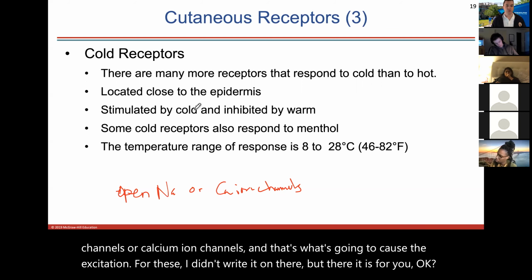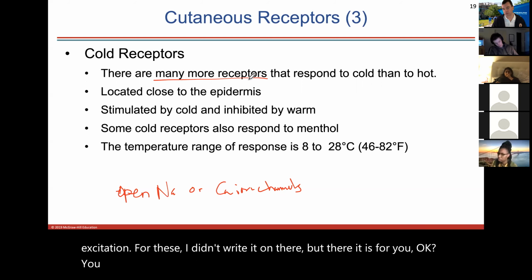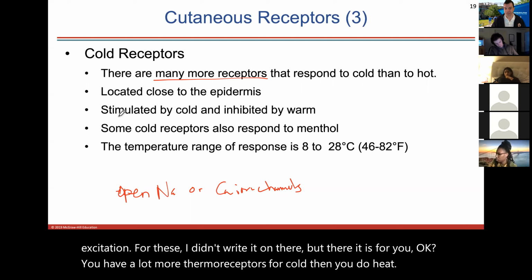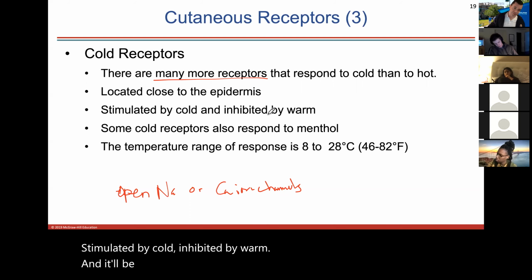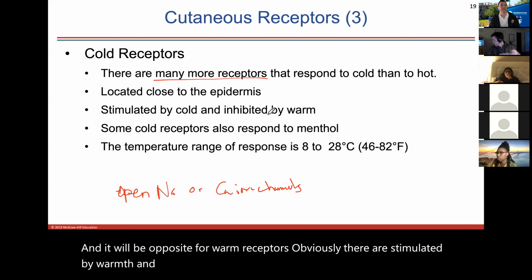You have a lot more thermoreceptors for cold than you do heat. Stimulated by cold, inhibited by warm. And it'll be opposite for warm receptors, obviously. They're stimulated by warmth and inhibited by cold.